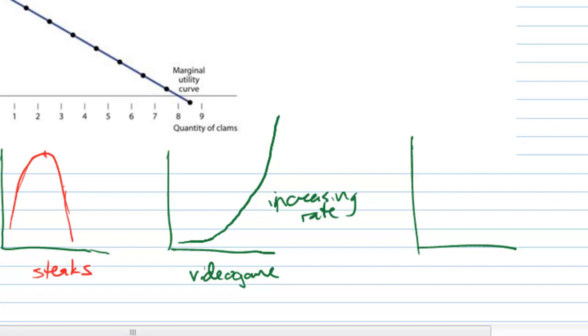I get as much enjoyment out of the second one as I did out of the first one, and third one, same thing, fourth one, fifth one, sixth one. I could keep going. You get the point. My total utility for that would just look like this. It'd be a straight line, constant upward slope, where my total utility would be increasing for CDs at a constant rate.